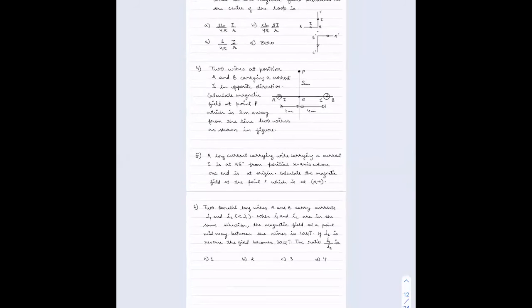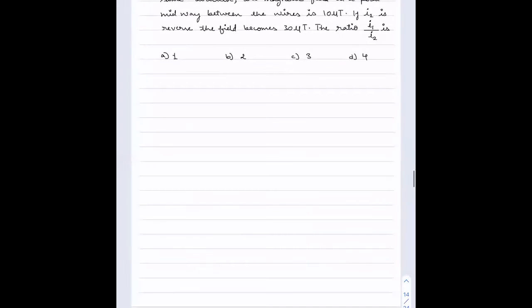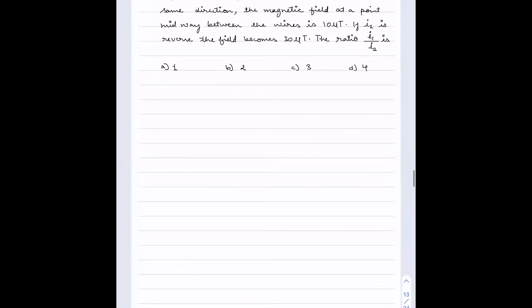From question number 6, I have not given you the solution, so we will start doing this from question number 6.